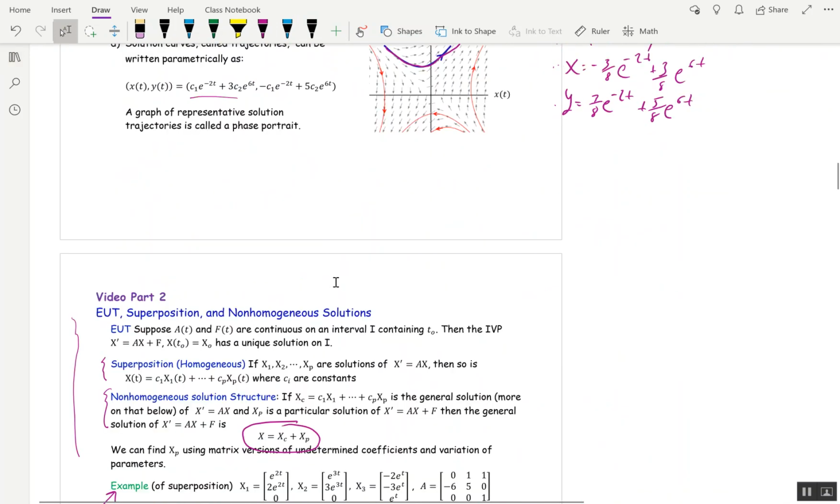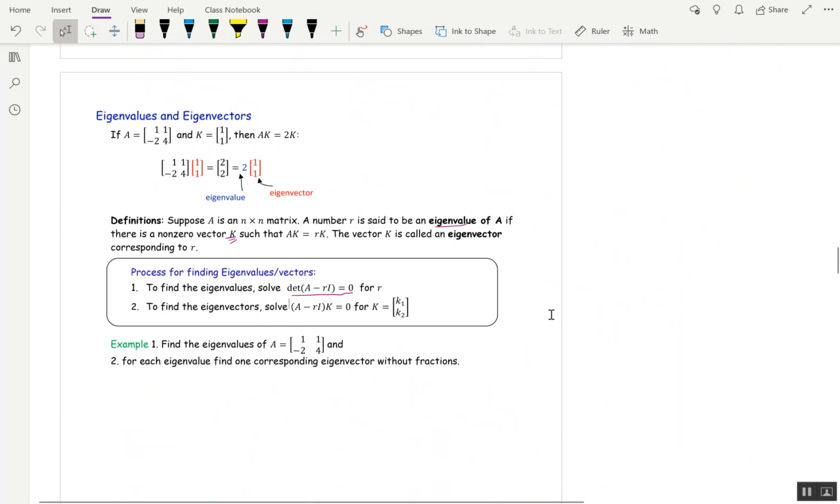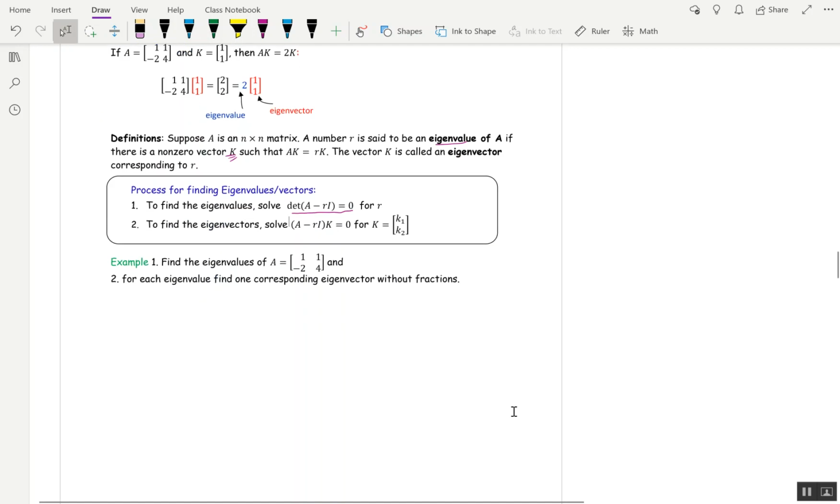All right, and then to find eigenvectors, which we haven't done yet, we're going to solve A minus rI times K, where K is a vector, set that equal to 0. So that's basically solving a linear system, and we have done that, just not in this context. So let's just walk through an example and do both of these things.